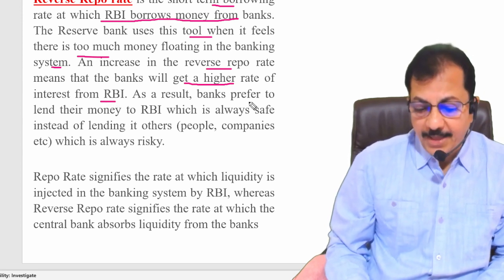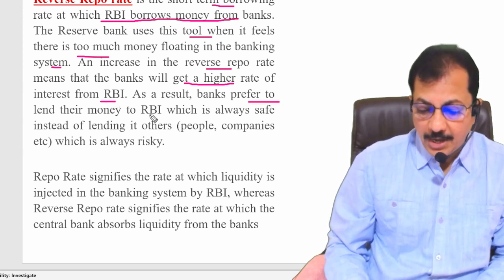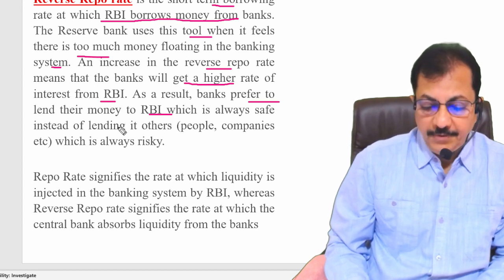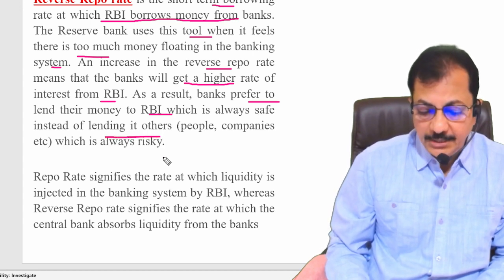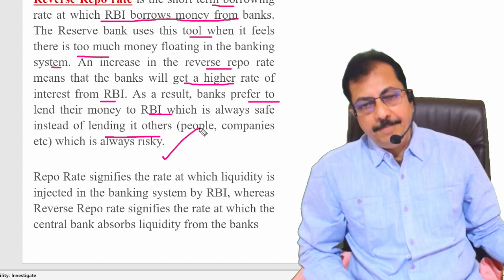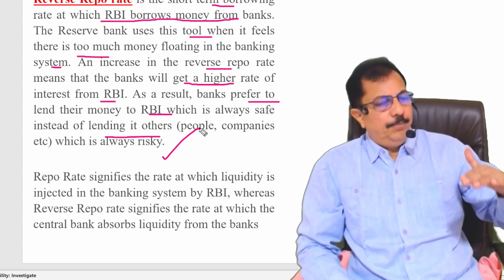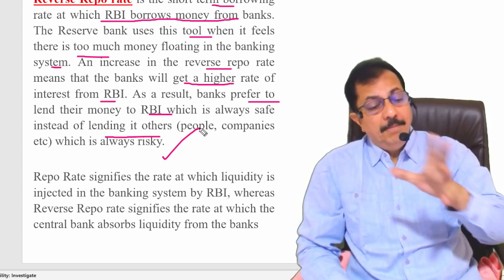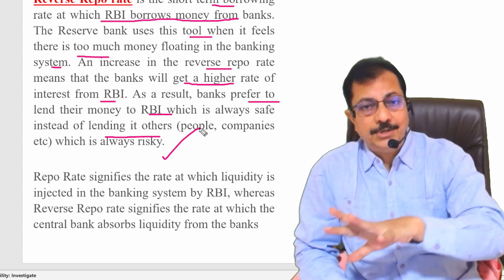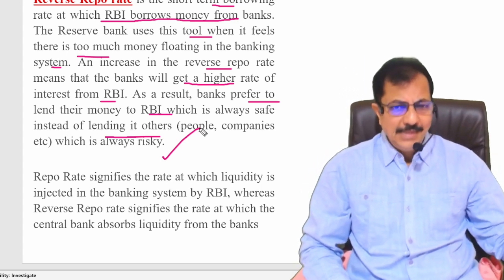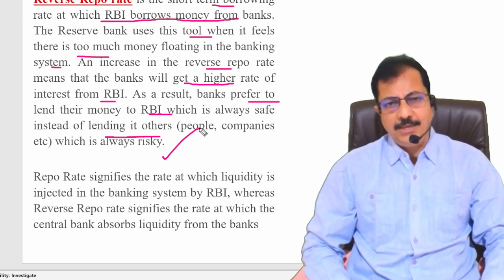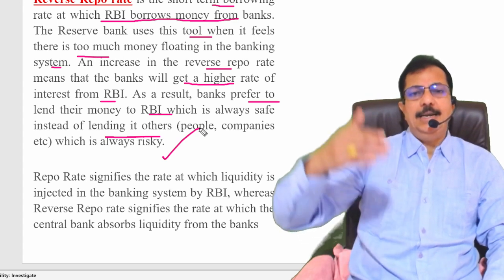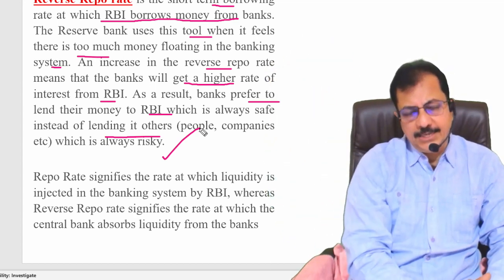As a result, banks prefer to lend their money to RBI, which is always safe, instead of lending it to others, which is always risky. That is the reason why if the reverse repo rate is increasing, banks will always try to deposit with the RBI only, because the banks also know very clearly that lending to outsiders is really risky.